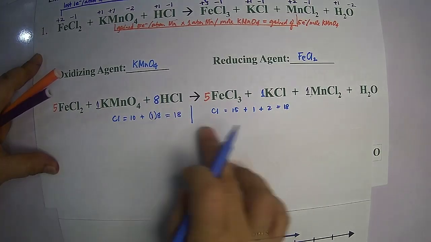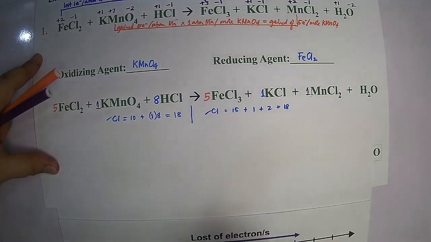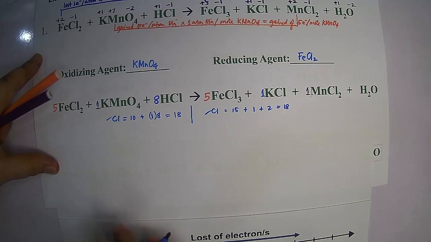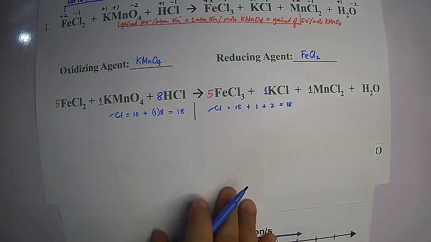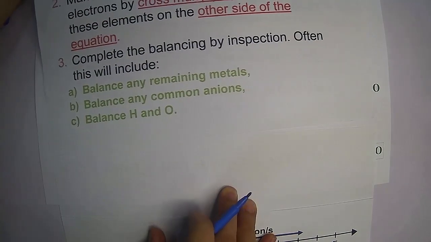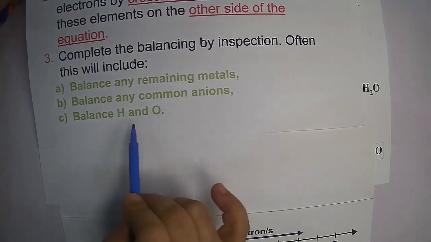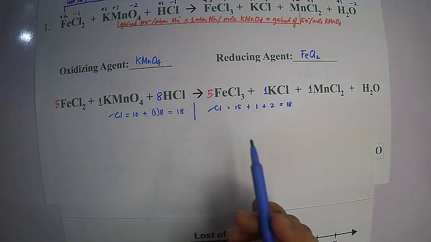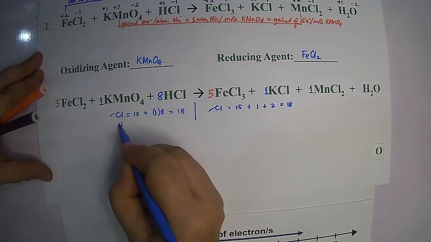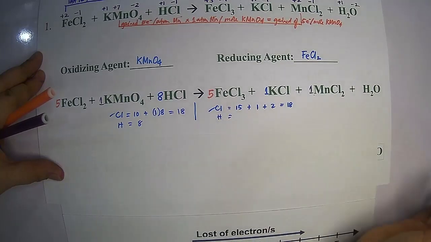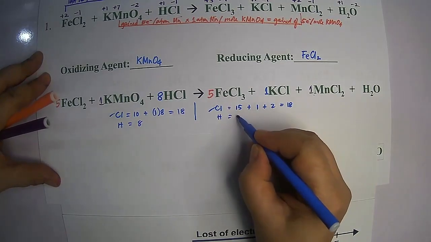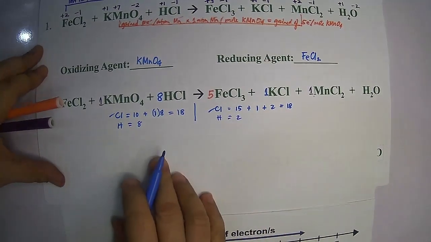Now that we have balanced the chlorine on both sides, next is to balance hydrogen. Because in the inspection sequence, I said remaining metal, common anion, then hydrogen and oxygen. So in terms of hydrogen, on this side you have 8. On the right side you have only 2.